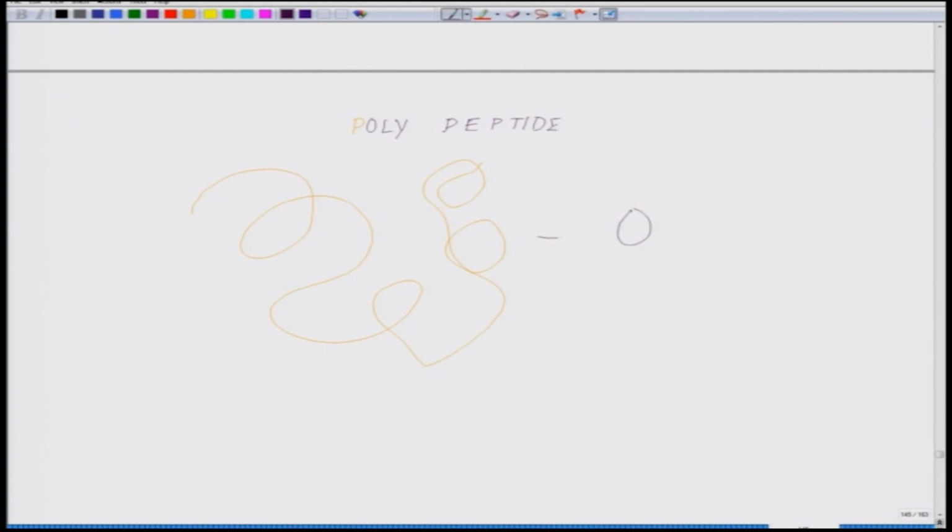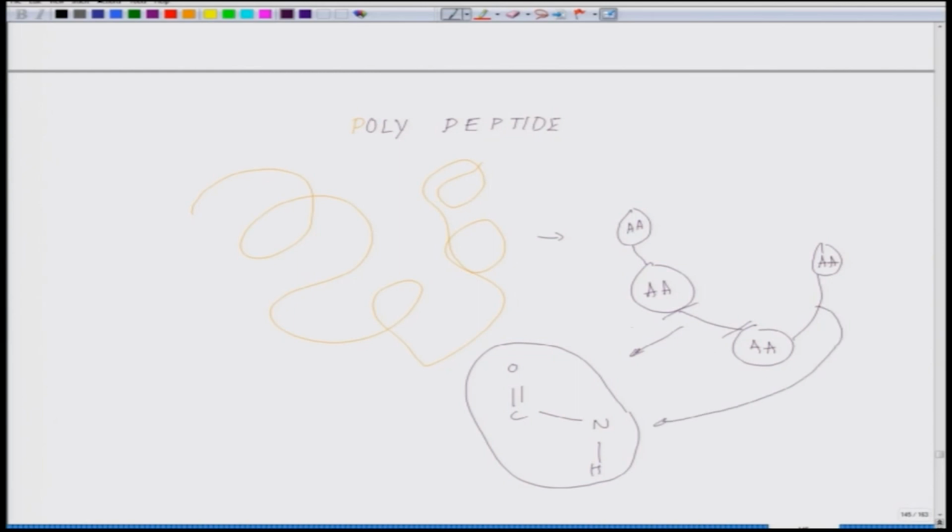AA stands for amino acids, and there are 21 different kinds of amino acids, attached to each other by a planar bond structure, which is the peptide bond. It is this bonding which is all over the place. All these amino acids are bound to each other, and the protein molecules have a bunch of nitrogen in them.